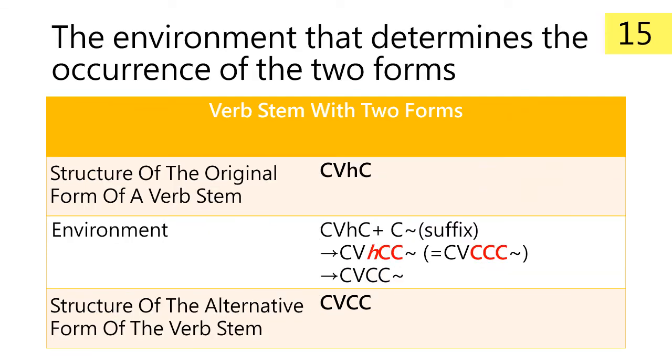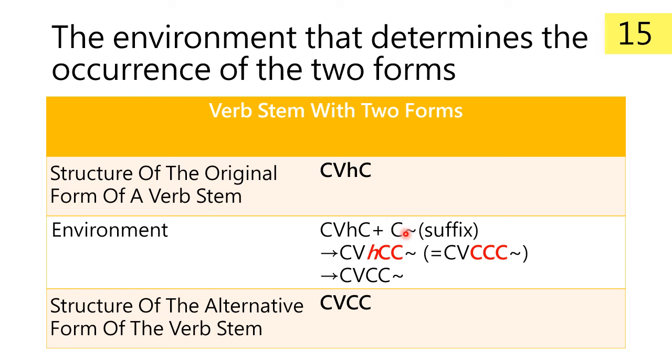Finally, we can make a conclusion to answer this question. When the verb stem ends with 2 consonants, and the first of the 2 consonants is H, there will be another form without the sound H for this verb stem. It happens when it is followed by a suffix that begins with a consonant.